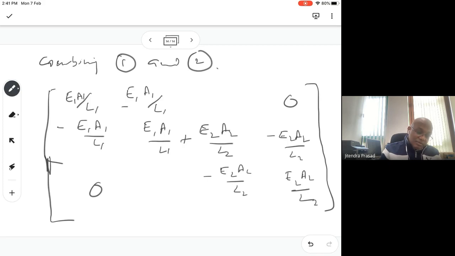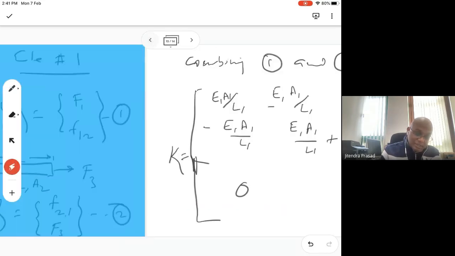Combining this, let's write it: Ku equal to F, where K is given by this.